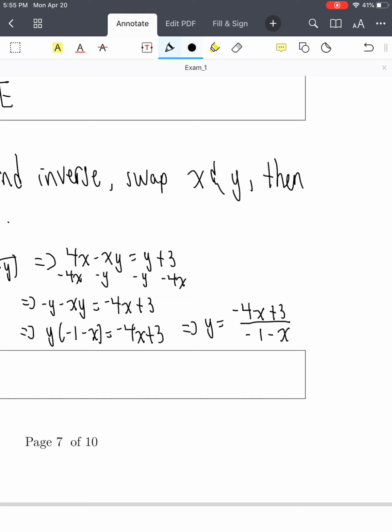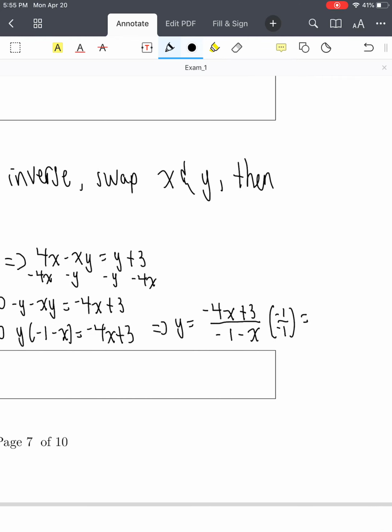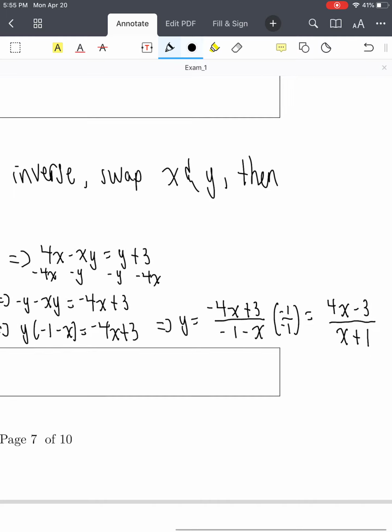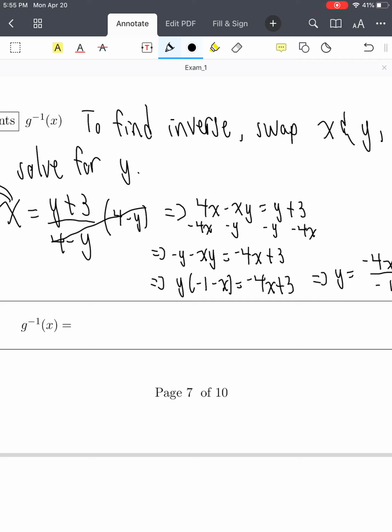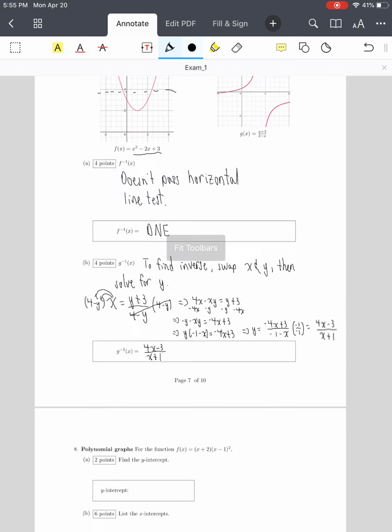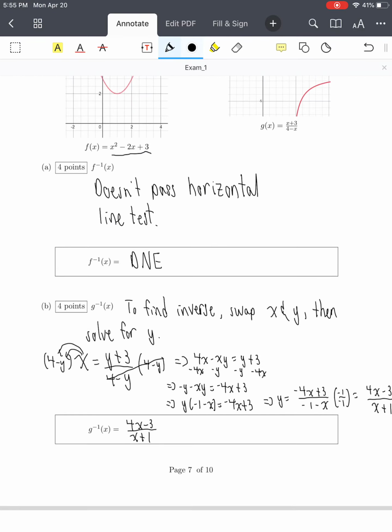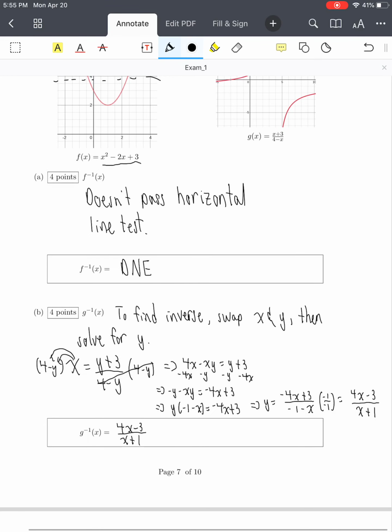We can also simplify this a little bit. I don't like how many negatives are in there, so if we multiply it by negative 1 over negative 1, just multiplying it by 1, so negatives cancel out, we get 4x minus 3 over x plus 1. So here, 4x minus 3 over x plus 1 is the inverse of g of x.